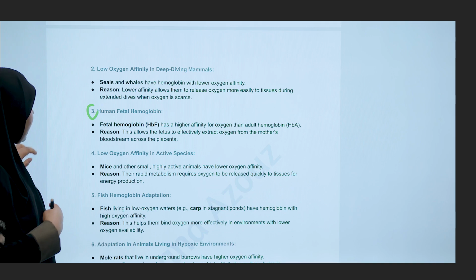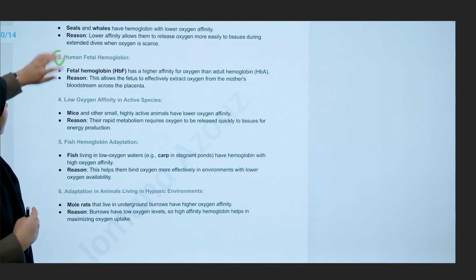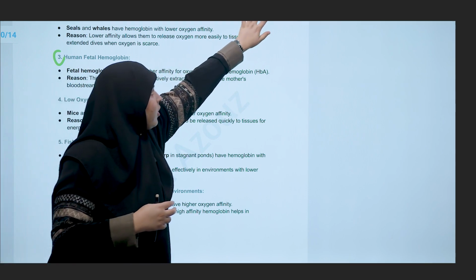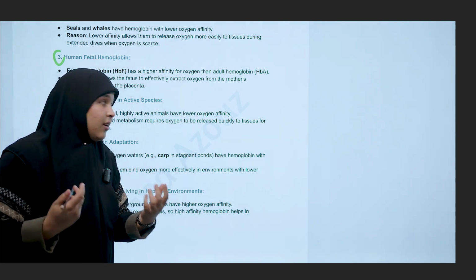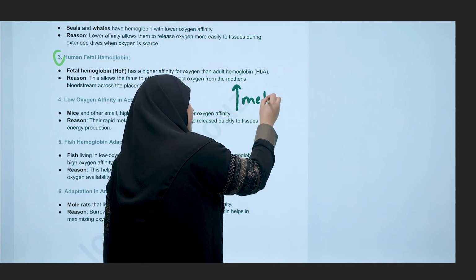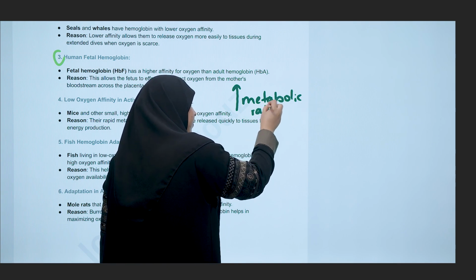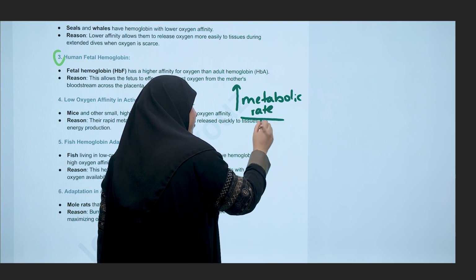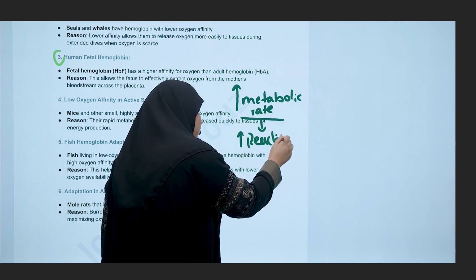Now, the low oxygen affinity in active species. These species have the opposite. If I have an organism that has a very high metabolic rate, it means that they have more reactions. Now, we're not talking about reactions in the lungs.